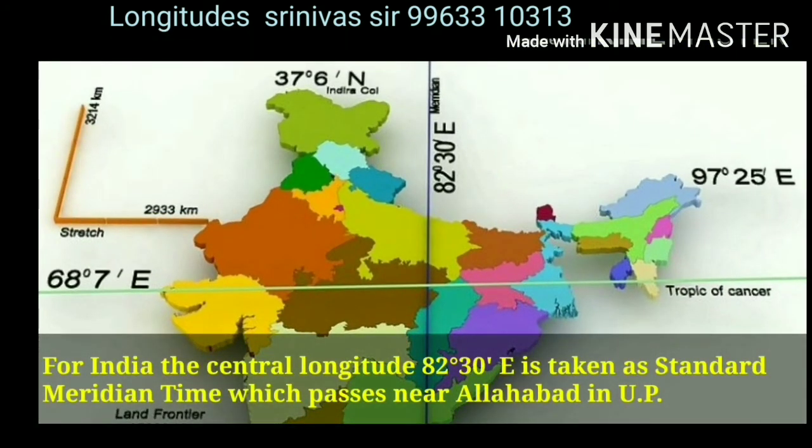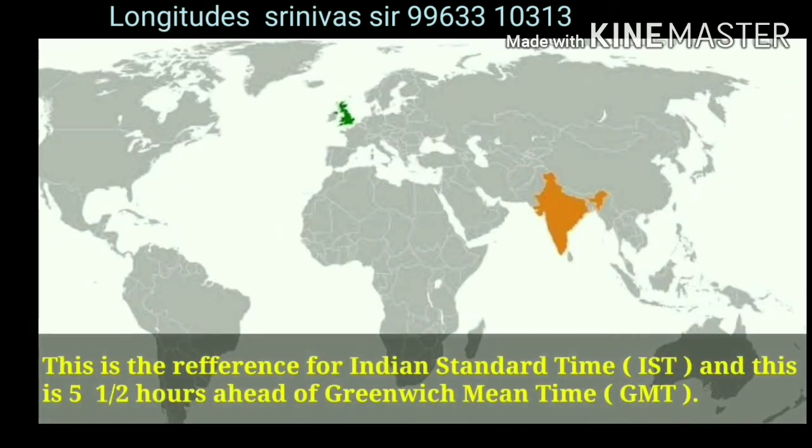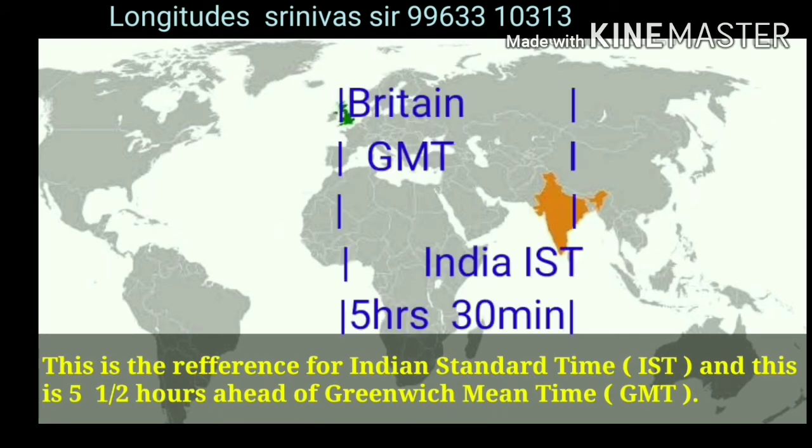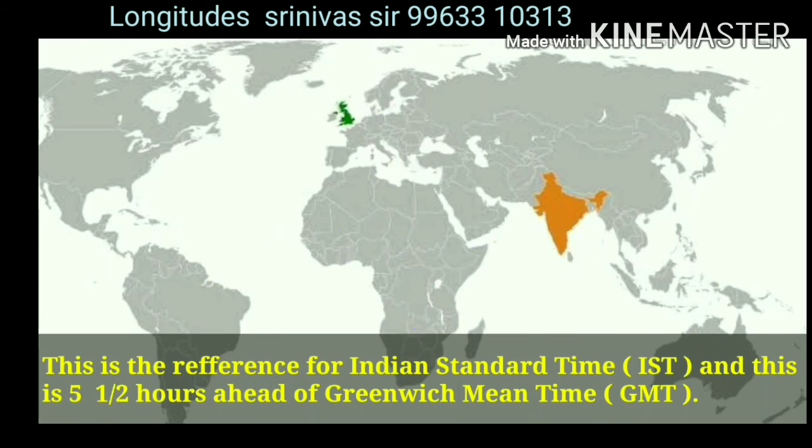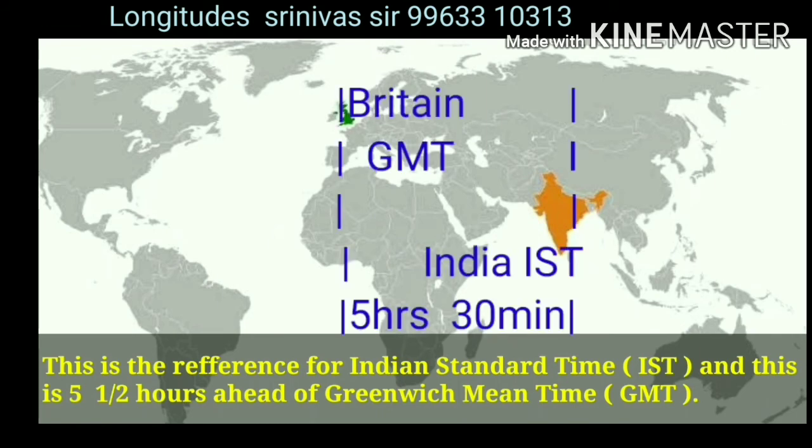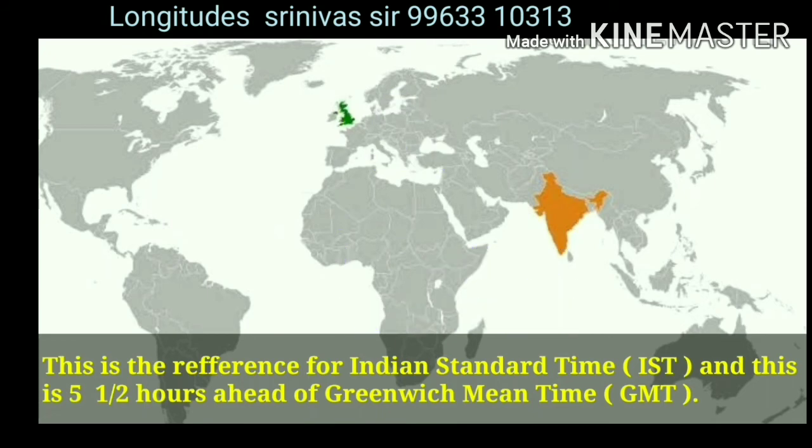This central longitude, 82 degrees 30 minutes east, passes near Allahabad in Uttar Pradesh. This is the reference for Indian Standard Time (IST) and it is 5.5 hours ahead of Greenwich Mean Time (GMT).